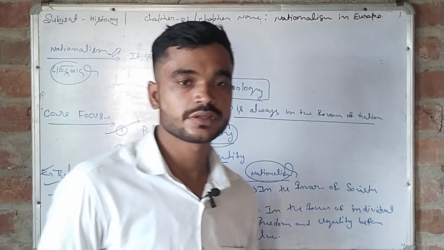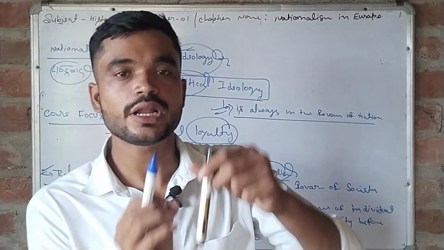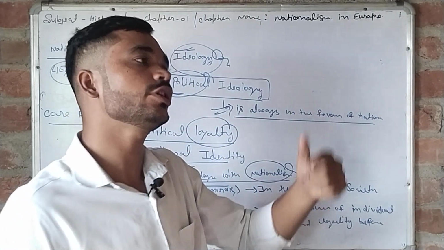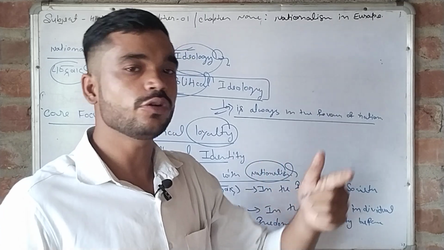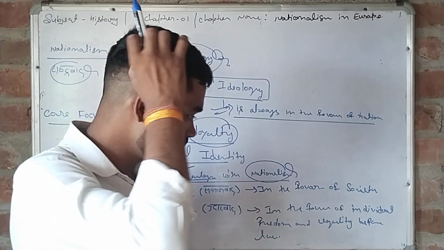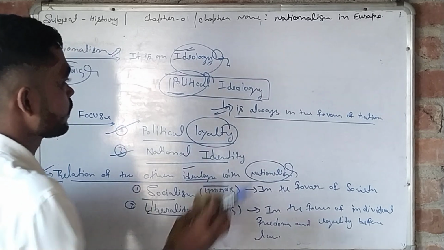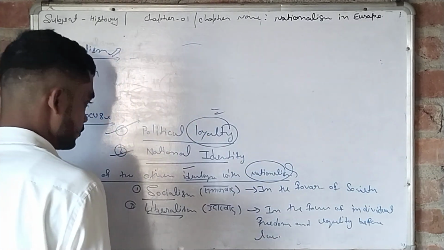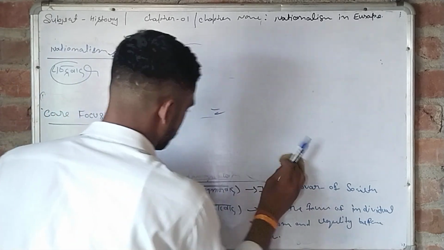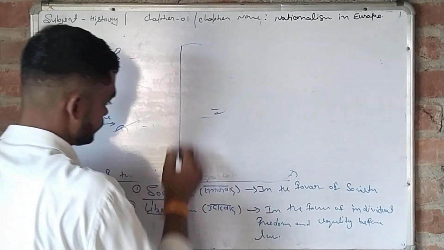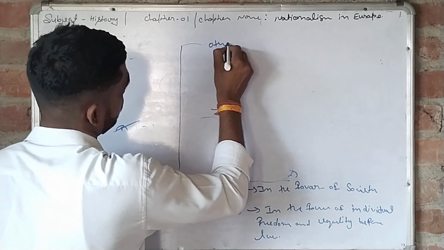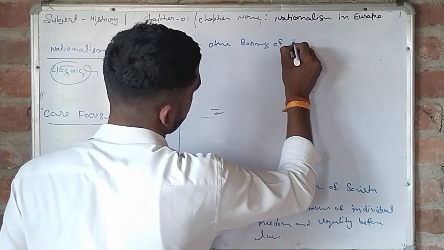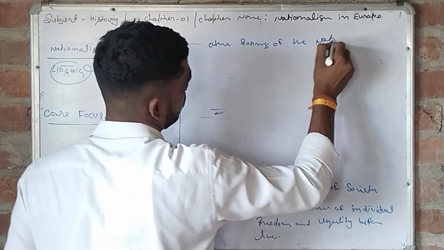After this, we have to know what the other forms of nationalism are. इसके बाद हमको ये जानना आवश्यक है कि राष्ट्रवाद के दूसरे रूप क्या हो सकते हैं. What are the other forms of nationalism?